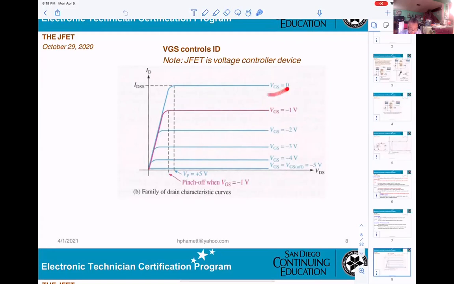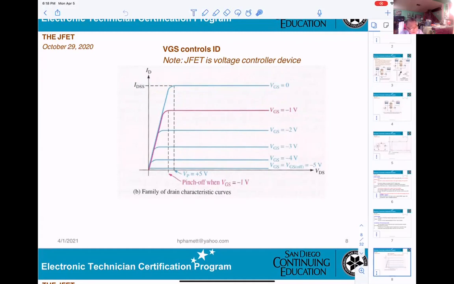VGS equal 0, ID equal IDSS. Okay? And going down here, VDS equal VP. Okay? And depending on the VGS, you can get a different ID of VDS.